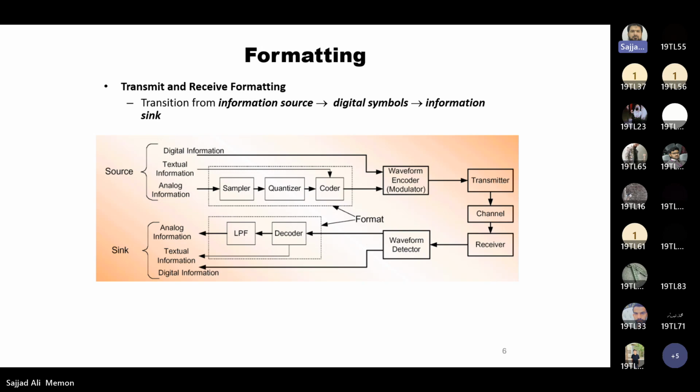If it is wired, then this can be a transducer. If it is wireless, this can be an antenna, and the channel can be wired or wireless both. The receiver is the same, it can be an antenna, it can be a transducer, and it will receive data from the transmitter and will process it accordingly.